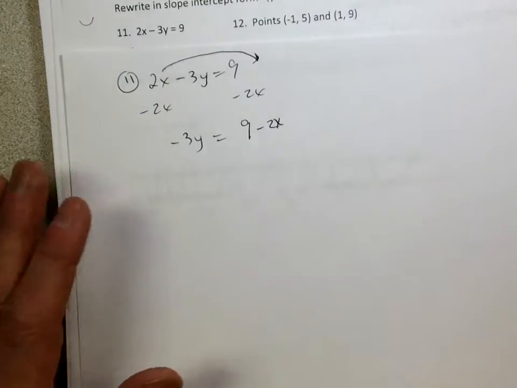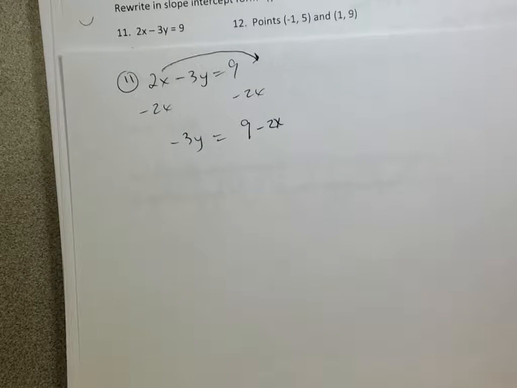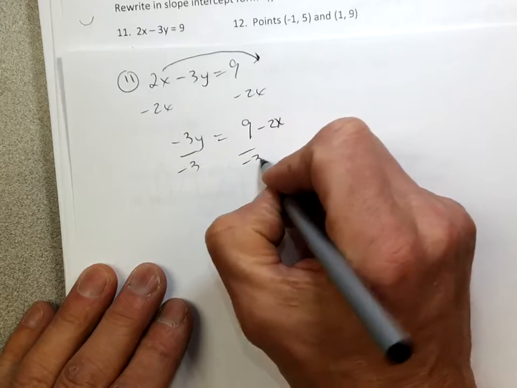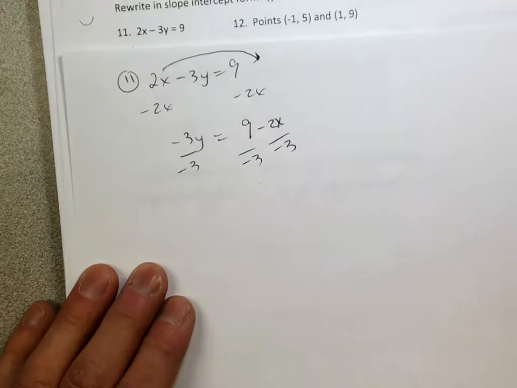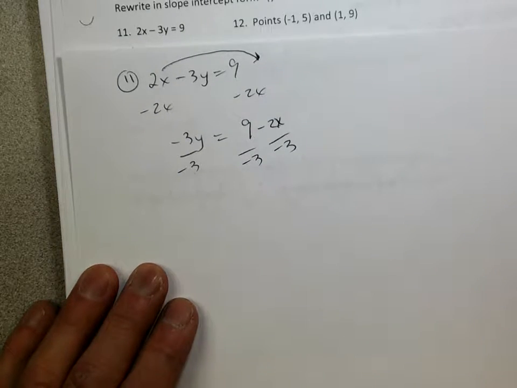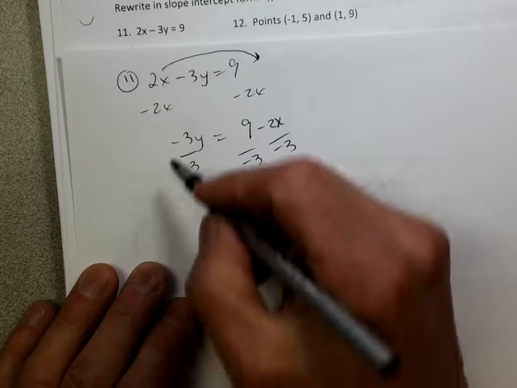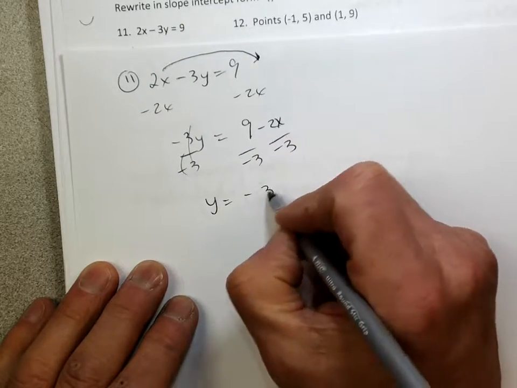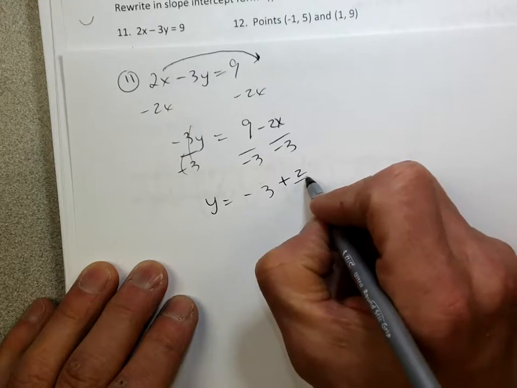But don't subtract the 9 and the 2x. One's a whole number and the other's an x. Divide everything by negative 3, right? Cancel, cancel. Y is equal to negative 3 plus 2/3 x.